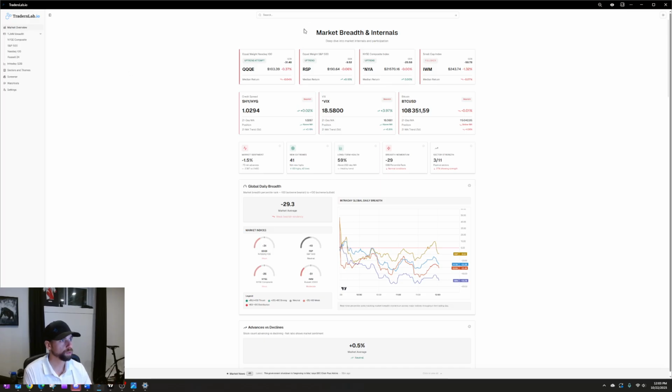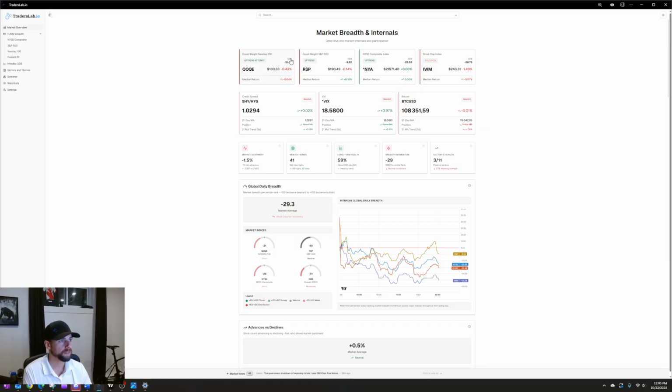First we start with market breadth and internals. You will recognize those tiles where we have one tile per market. So you have the NASDAQ, the S&P 500, NYSE, and IWM, so small caps. For each, you have the TLMM trend signal. Currently NASDAQ is in uptrend attempt.